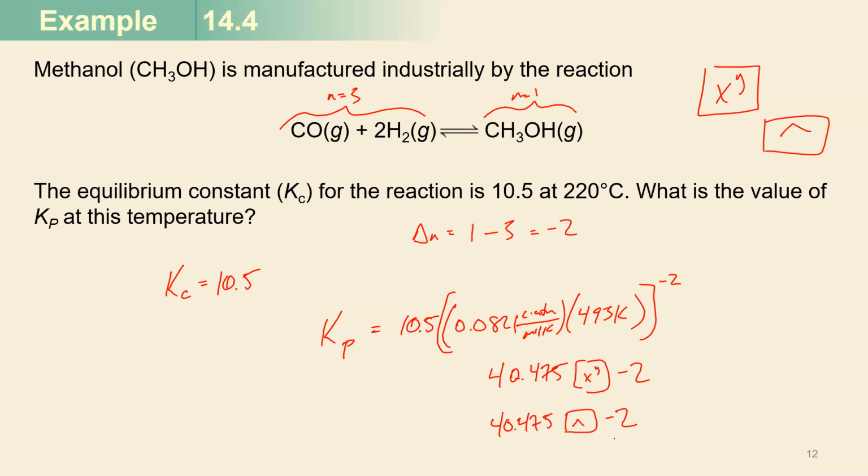Both of those will work for your negative exponents. So 40.475 to the -2 times 10.5. And we end up with a KP of 6.41 times 10 to the -3.